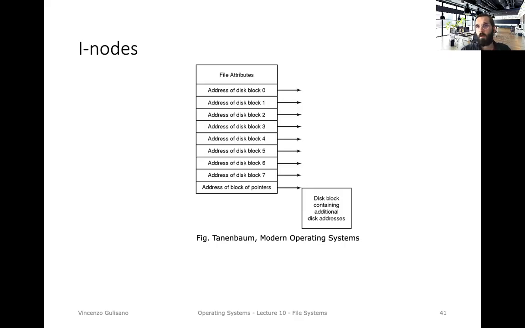So this is level 1, you have a pointer to a block that contains addresses. You can have a pointer to a block that contains pointers to other blocks that are full of addresses, and you can go up to 3 levels of indirection. I will show you an example of this in the exercise session.